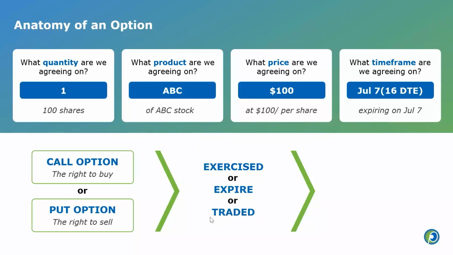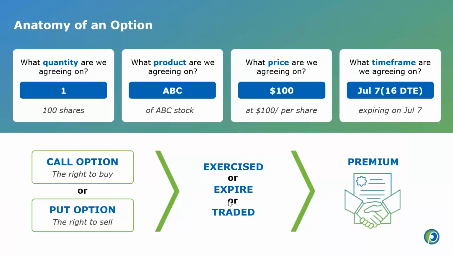And this is the most common outcome that actually happens, and that is that the option is traded. So when you buy to open a call option, you can also sell to close that position. You're not locked into the trade up until July 7th. Most of the time, the option gets traded and eventually closed. This has to do with the fact that options contain something known as premium.